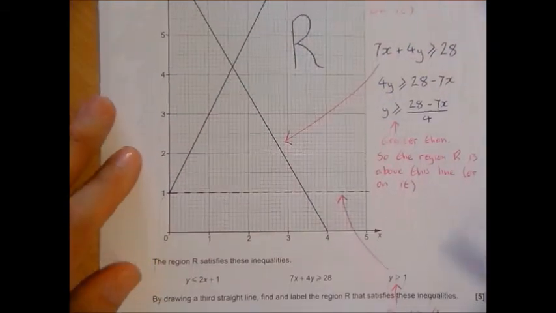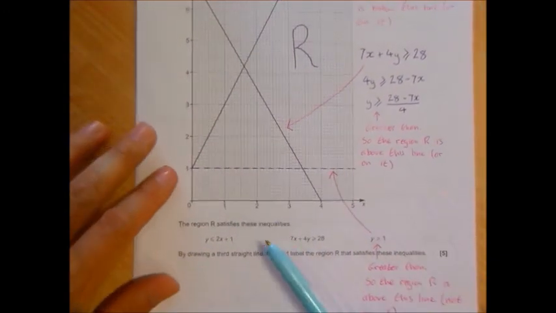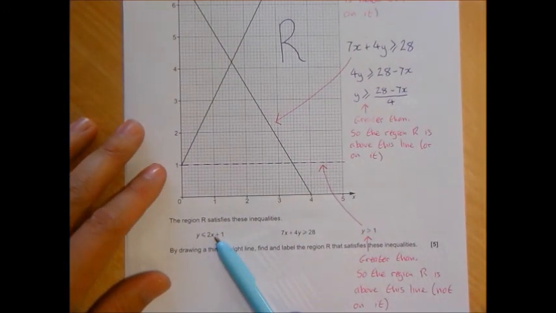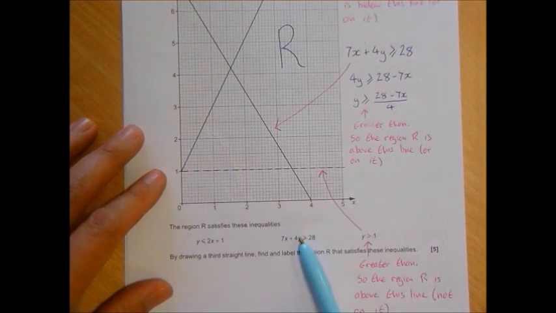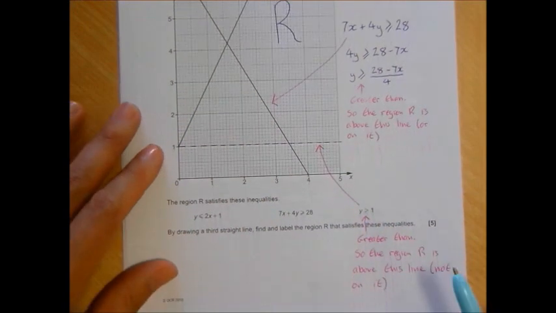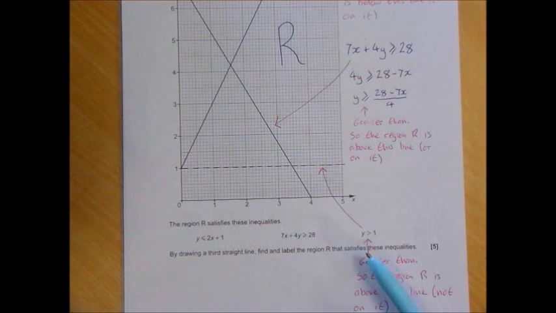Now, the region R satisfies these inequalities. So we've got that line drawn on the graph, it is that one there. We've got this one drawn on the graph, it is that one there. But we haven't got this one drawn on the graph. So this says y is greater than 1.